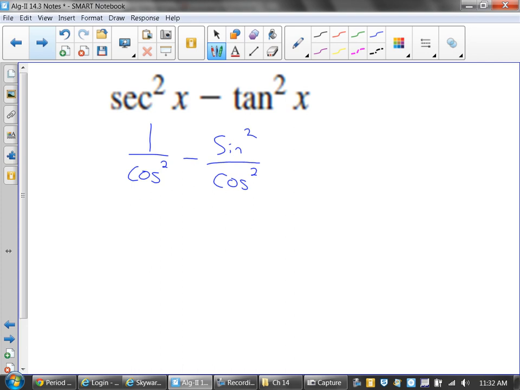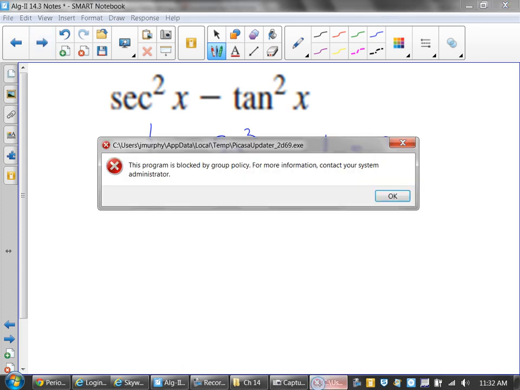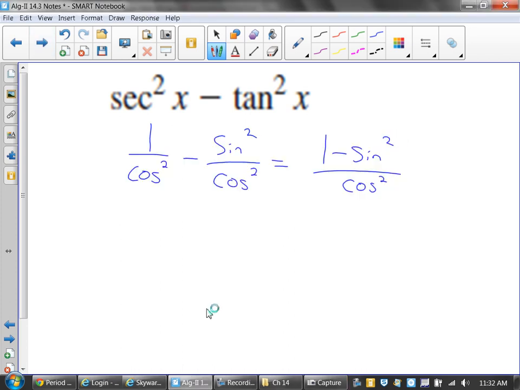So can I put those together? Sine would be equal to 1 over cosecant if you wanted to write it like that, so minus sine squared.